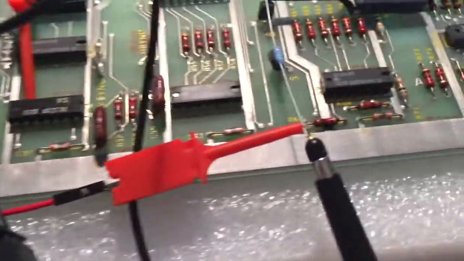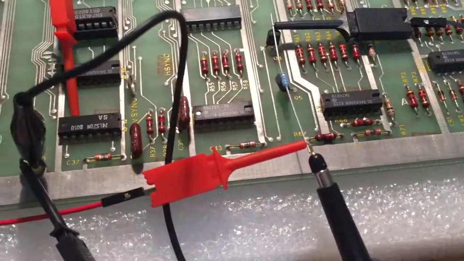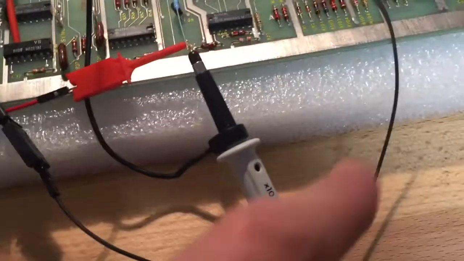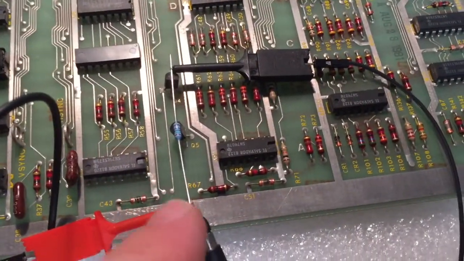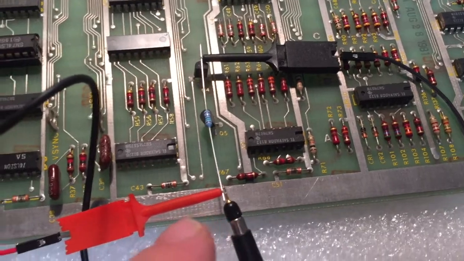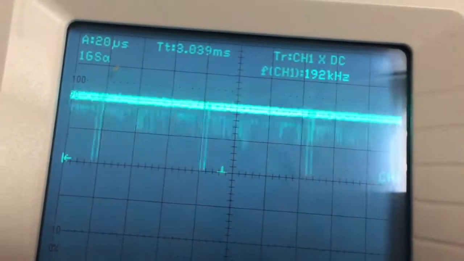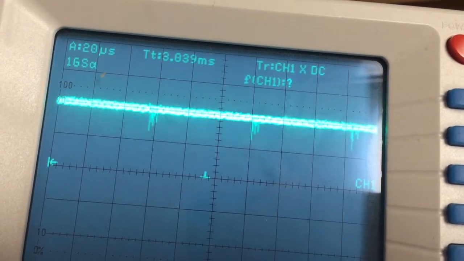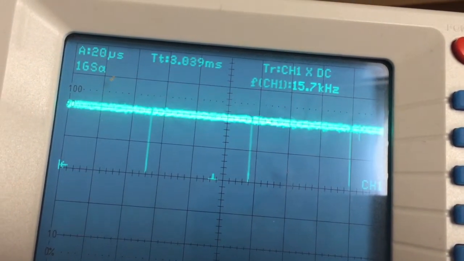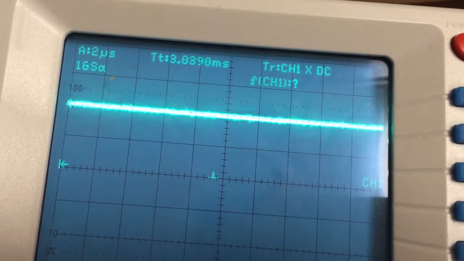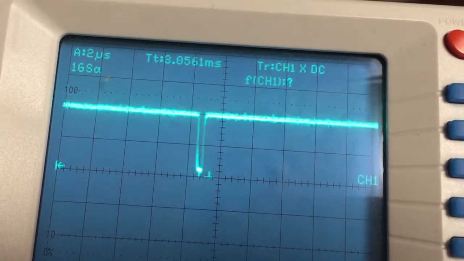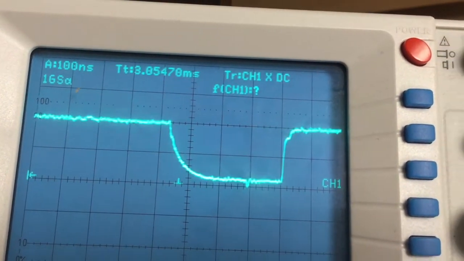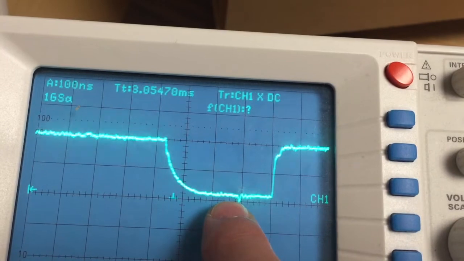Okay, so what did I do? I left the oscilloscope connected, but I attached a second black wire, which is going to a 1K resistor, and I attached this to the signal, and what we get on the scope now looks much better in terms of a valid signal, because we actually now have a logic level which is low.